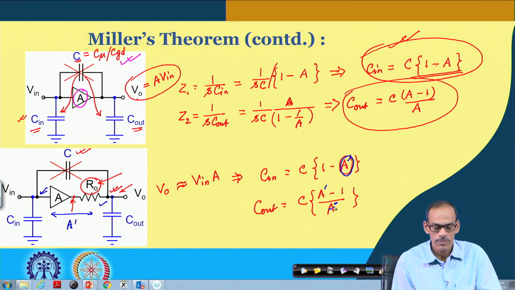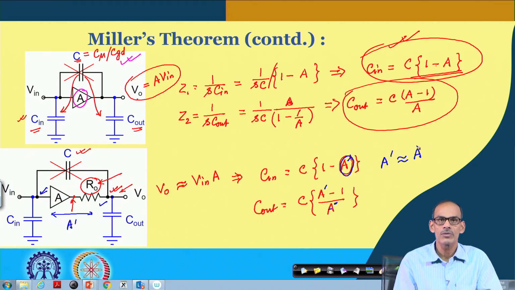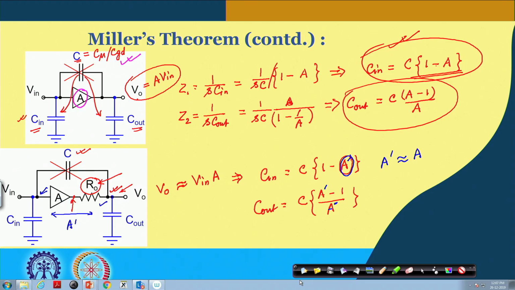Depending on the situation, we may consider A dashed, or we may say that A dashed is approximately equal to A. So, this is Miller's theorem, and it will be used in our frequency response analysis. Okay, let me take a short break and then we will come back to continue this topic.